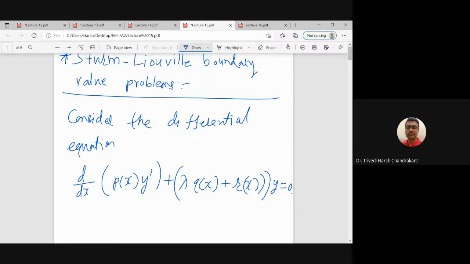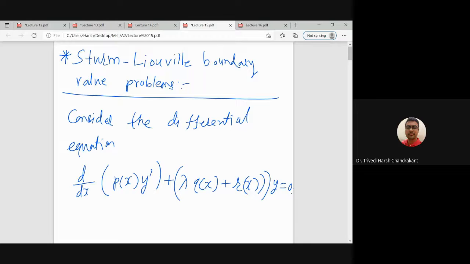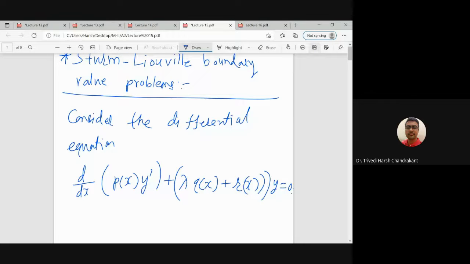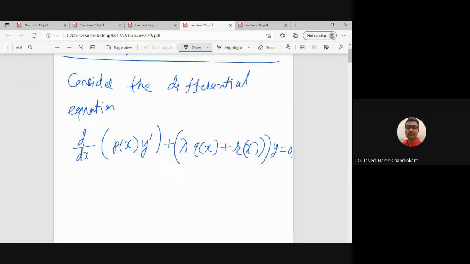So this differential equation is known as the Sturm-Liouville equation. This was studied by Sturm and Liouville, and therefore it is known as the Sturm-Liouville equation.